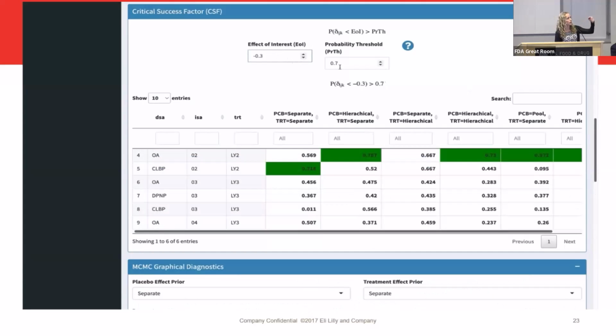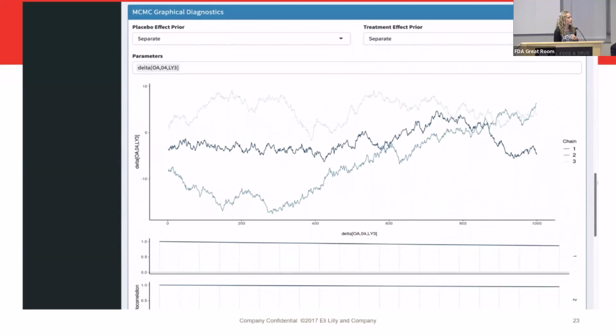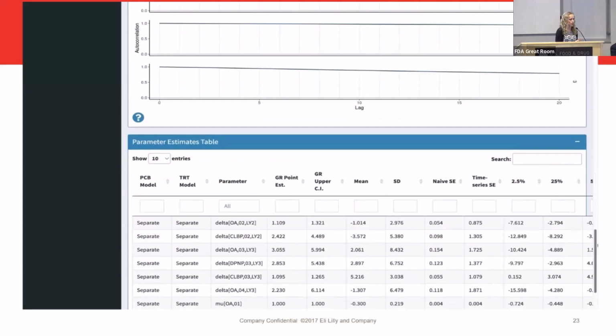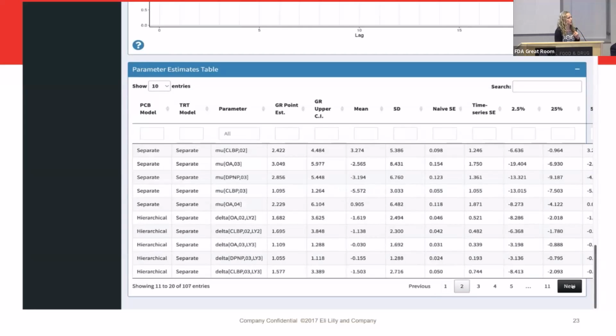In the green there, what's really nice about this is you can see which borrowing approaches meet the CSF versus those that don't. So you can see where a different borrowing approach is yielding a different outcome. There are some diagnostics included here. We can pick the parameter you're interested in, check the diagnostics, and then you do get the actual parameter estimates table with posterior means, standard deviations, and so forth.